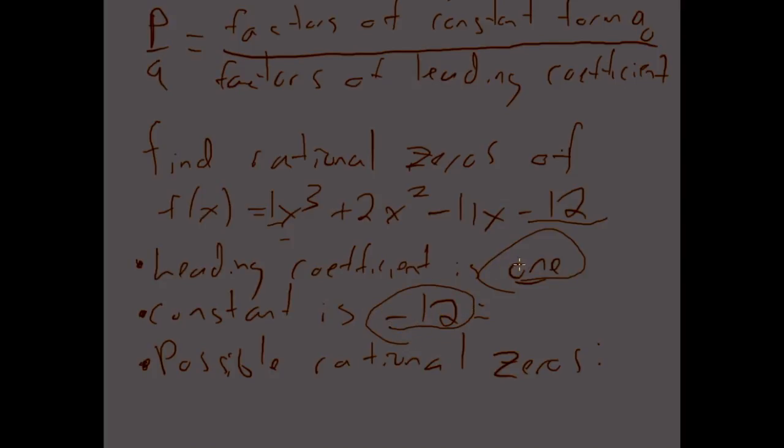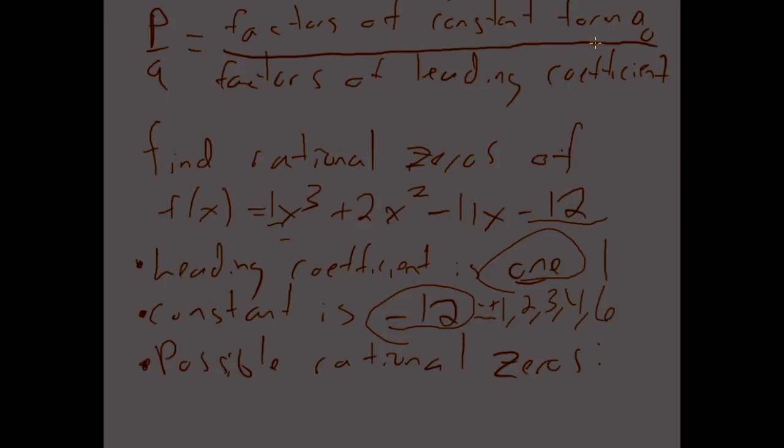What are our factors of 1? Just 1. Our factors of negative 12: 1, 2, 3, 4, 6, and 12. And remember, this is a plus or minus, right?